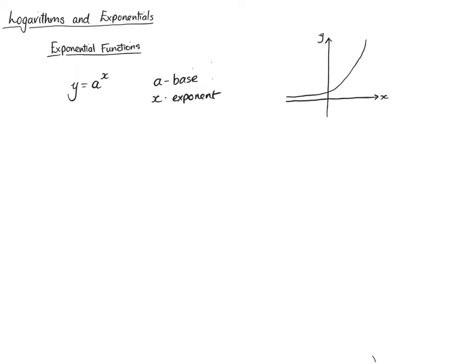This is called exponential growth, because the graph is growing. If we put some numbers in, we can pick any value of a, but say a is 2, so y equals 2 to the x.